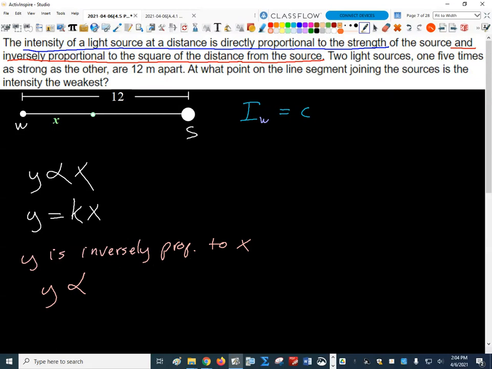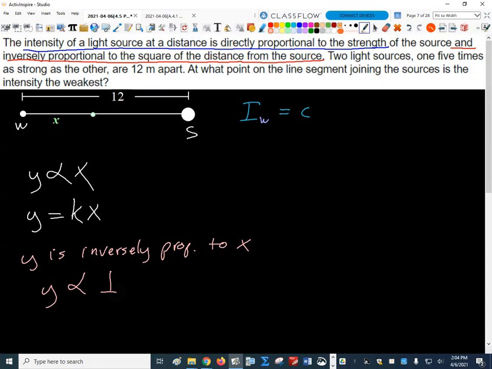Y is proportional to what? If y is inversely proportional to x, y is proportional to what? One over x is correct. Yeah, there you go, 1 over x.